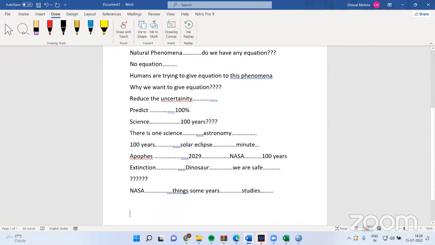Anybody? It's loud thinking. I'll slowly bring you on track. Why are they able to predict that this will happen? Solar eclipse will happen on this day. Lunar eclipse will happen on this day. How?